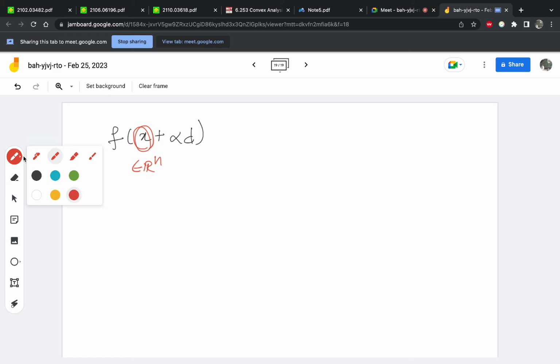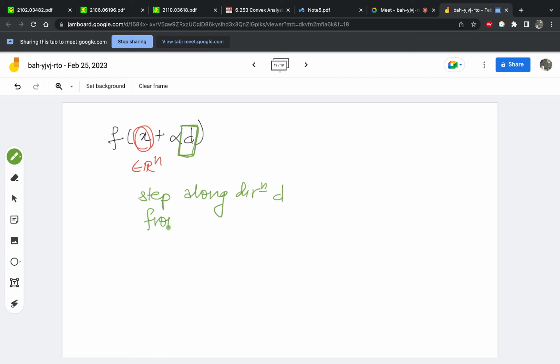And often when you're optimizing, you are looking at some set of feasible directions D. You are taking a step along the direction D from x. Alpha is just a scaling factor. D is also in Rn.